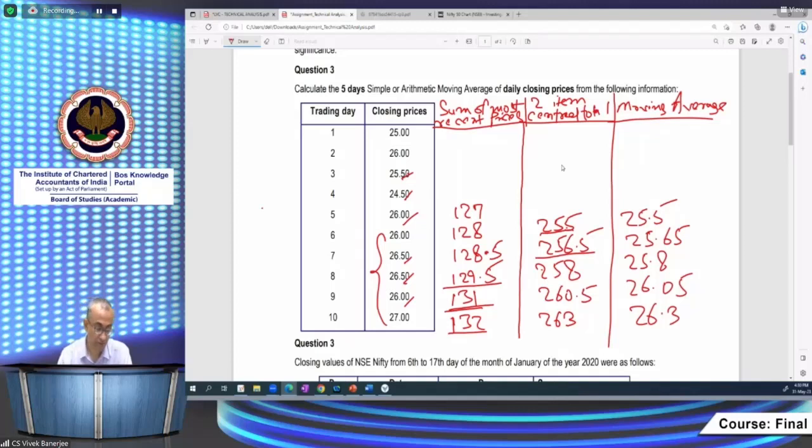So this is the moving average: 25.5, 25.65, 25.8, 26.05, 26.3.